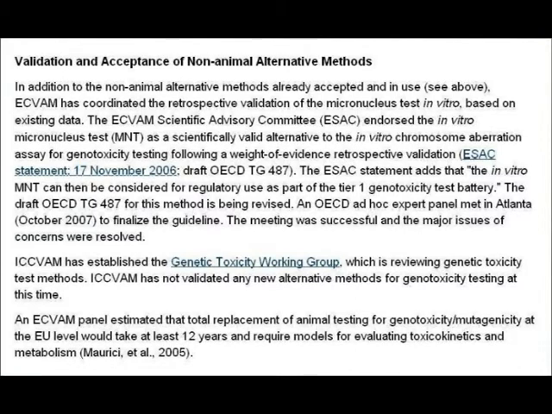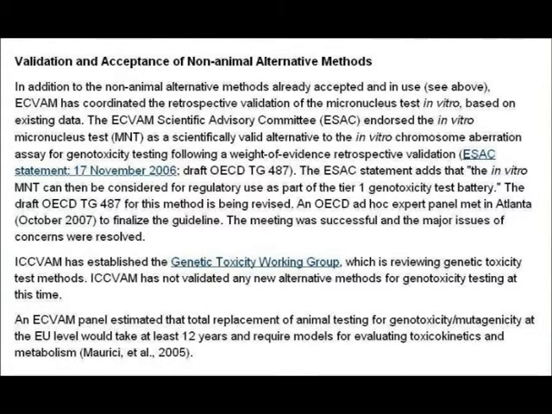The first paragraph reads, in addition to the non-animal alternative methods already accepted and in use, ECVAM has coordinated the retrospective validation of the micronucleus test in vitro based on existing data. The ECVAM Scientific Advisory Committee endorsed the in vitro micronucleus test, MNT, which we've just been looking at on the Canadian Council on Animal Care's website, as a scientifically valid alternative to the in vitro chromosome aberration assay for genotoxicity testing following a weight of evidence retrospective validation.